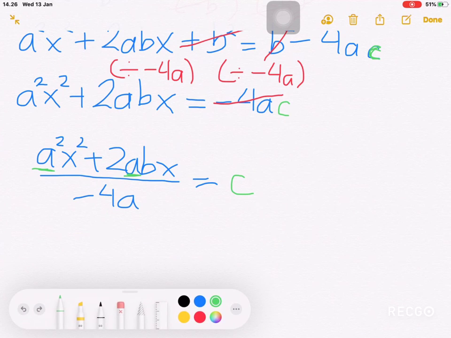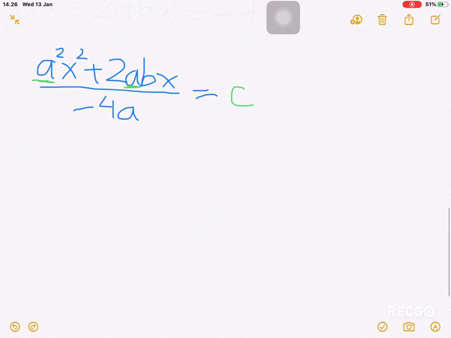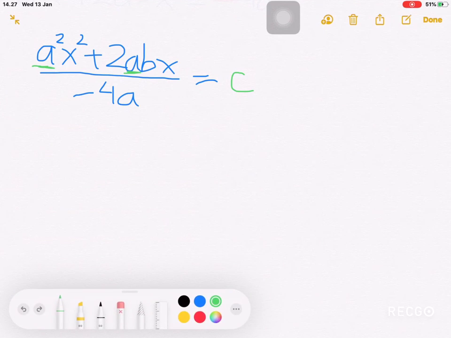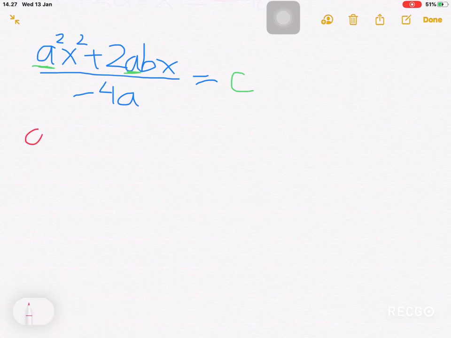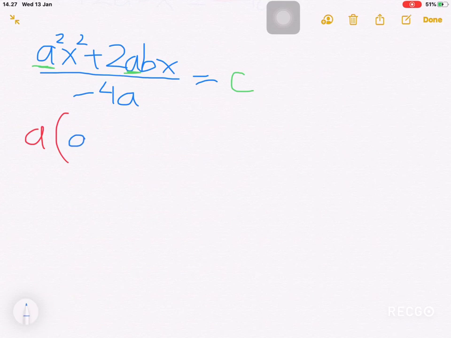So let's see, we're going to factor an a out of here, and what's left here is just ax squared, like so. And what's left right here after factoring out an a is just 2bx right there.